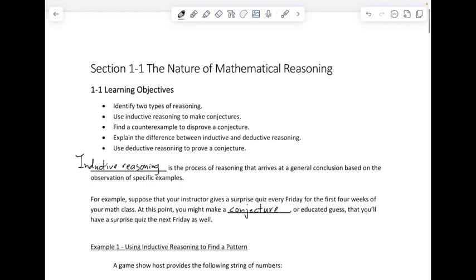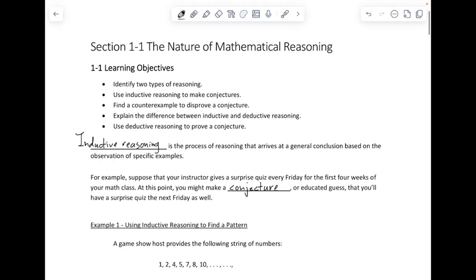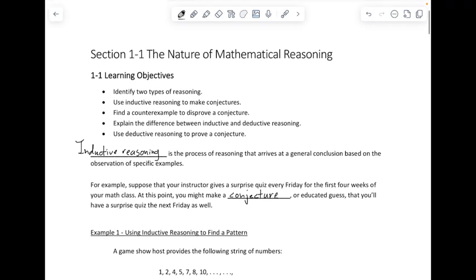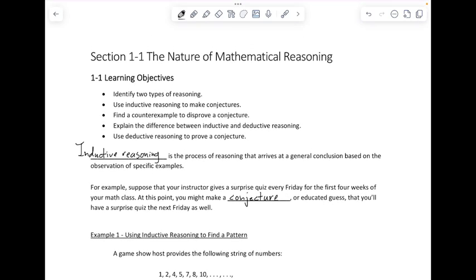Let's go over how we might use inductive reasoning to find a pattern in a sequence of numbers. Let's suppose that a game show host provides the following string of numbers: 1, 2, 4, 5, 7, 8, 10, and so on. The ellipsis indicates that there's a pattern that continues indefinitely here.